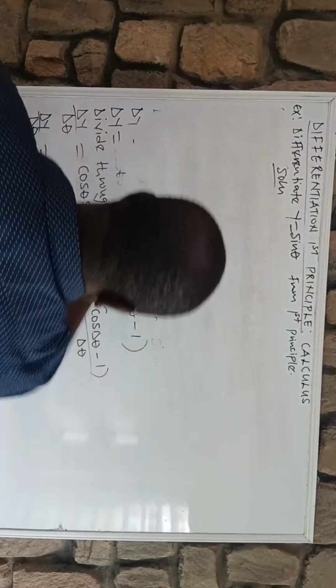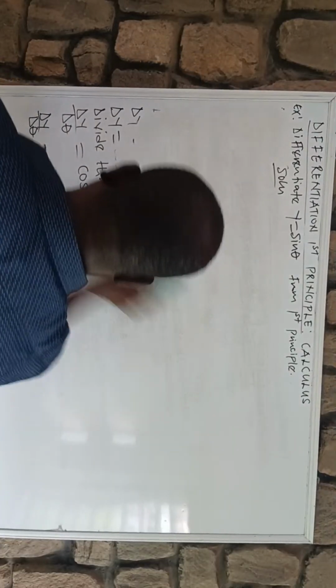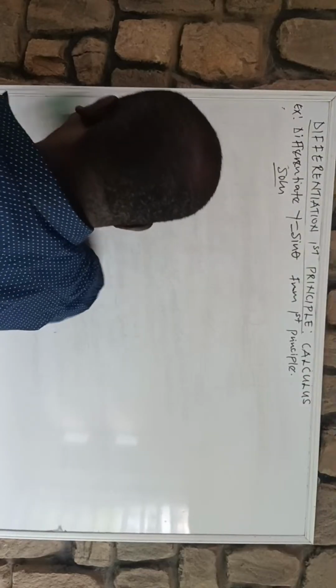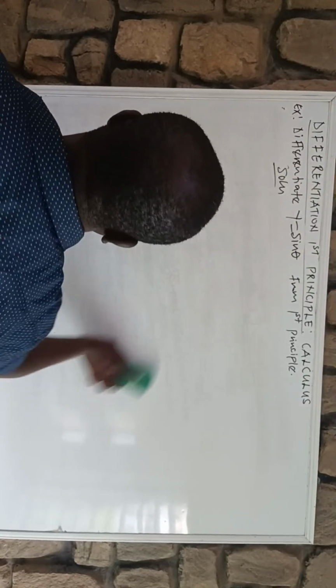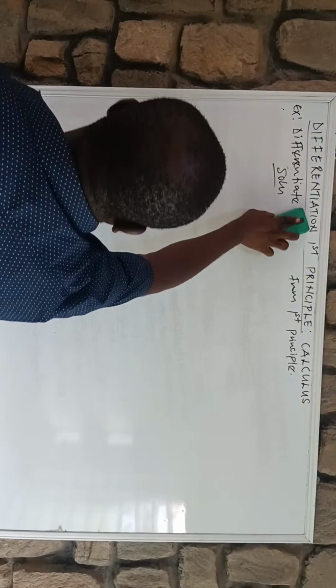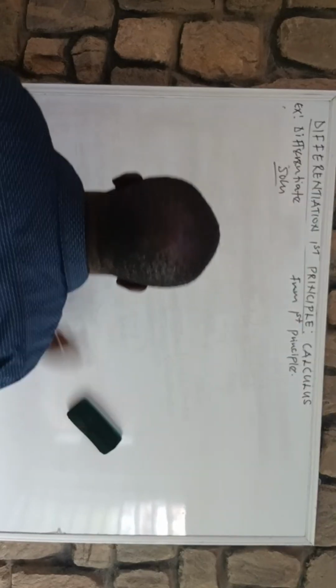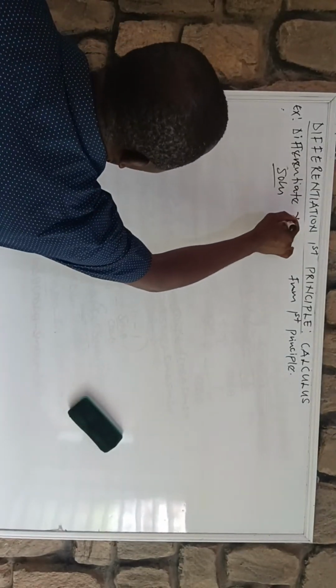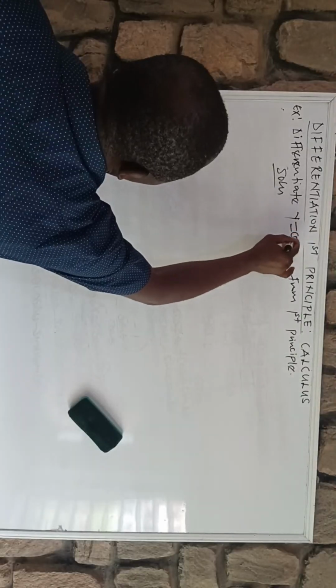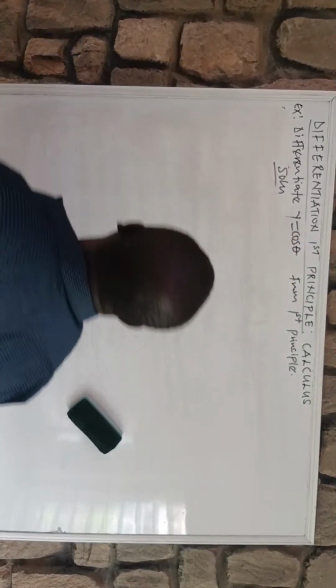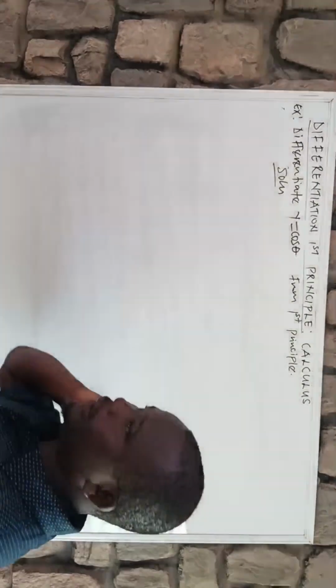We are going to consider tan, sin x and cos x. That is, we are going to differentiate these 3 functions from first principle. So let us consider y equals cos theta from first principle, right?